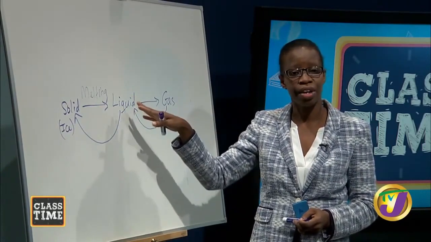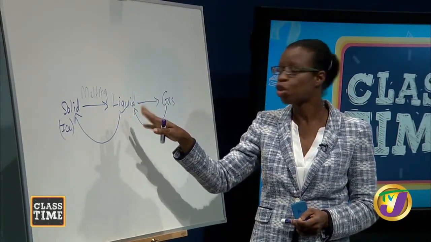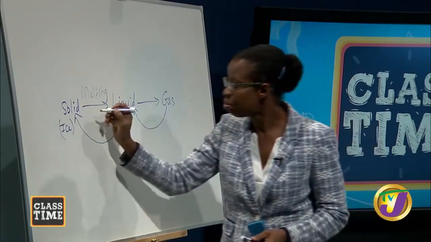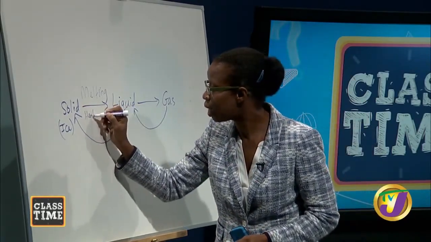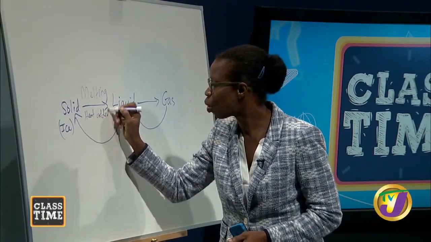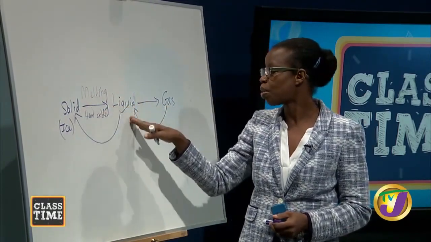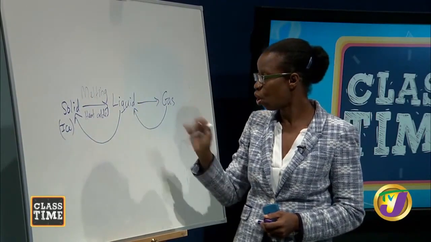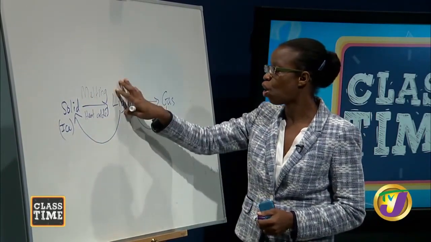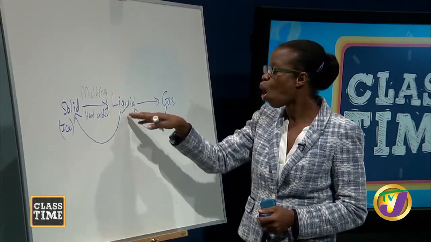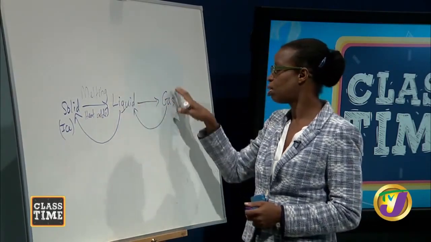Heat there is a form of energy. So we're adding heat to the solid. So imagine heat added. When I add heat, I can change from a solid to a liquid. All right? We're now at the liquid. We have our water. How do I convert that water to a gas?